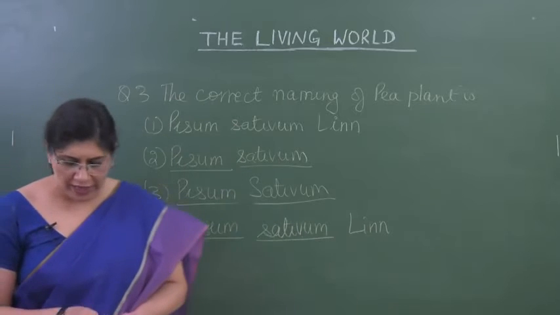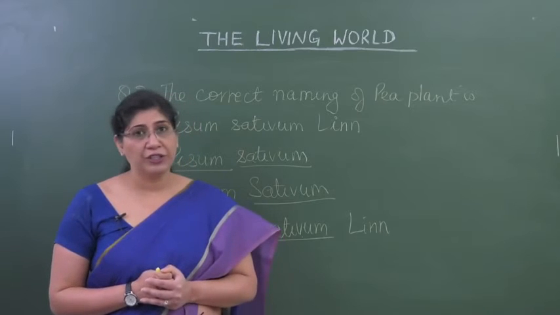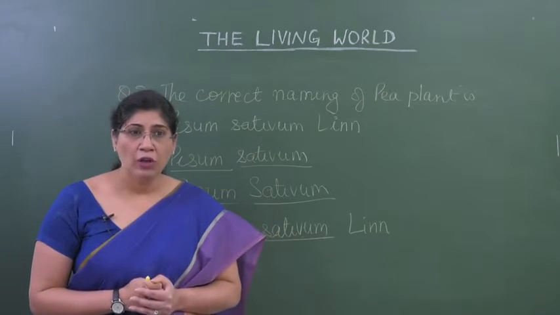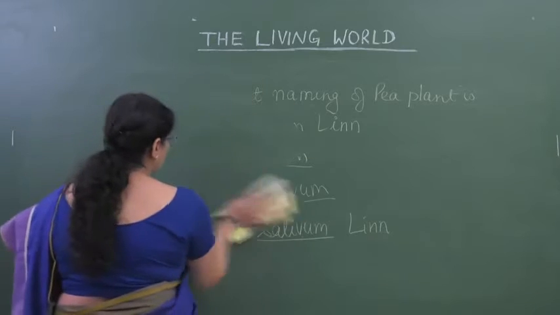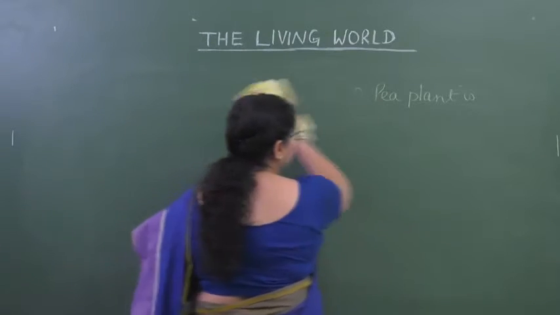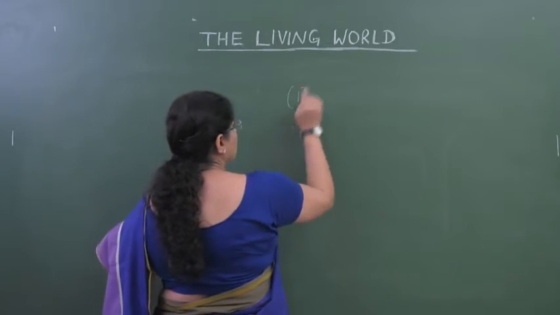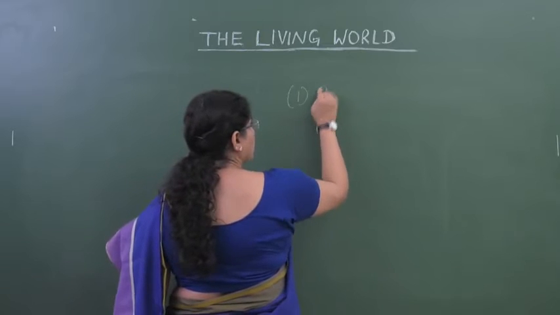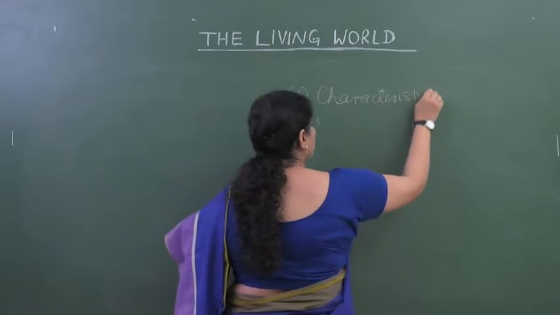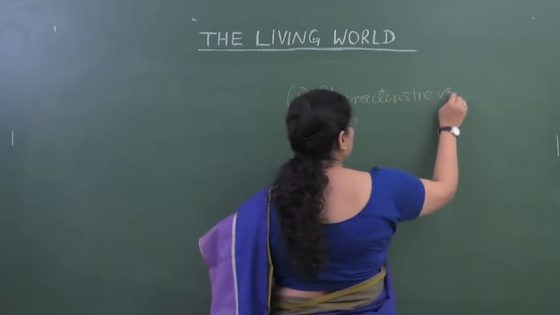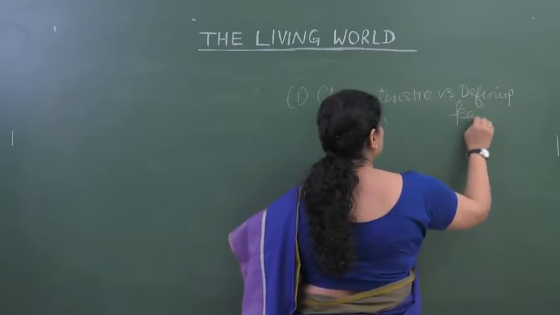So what we'll do today is we'll just summarize the whole thing. Next class I'll start with another question to see how much you remember. What we have discussed today is 2 important aspects of the chapter. First, the difference between characteristic versus defining features.